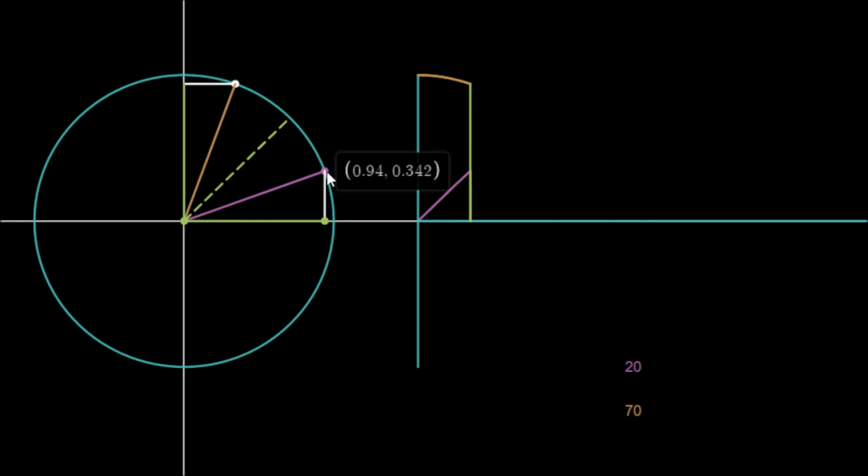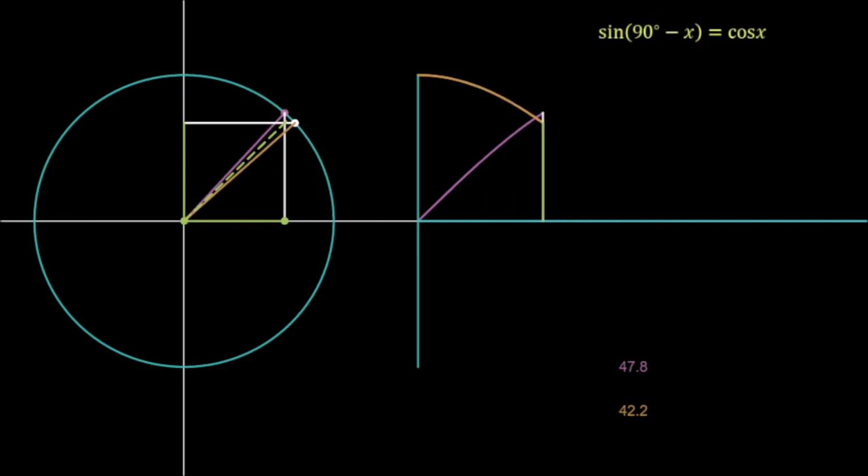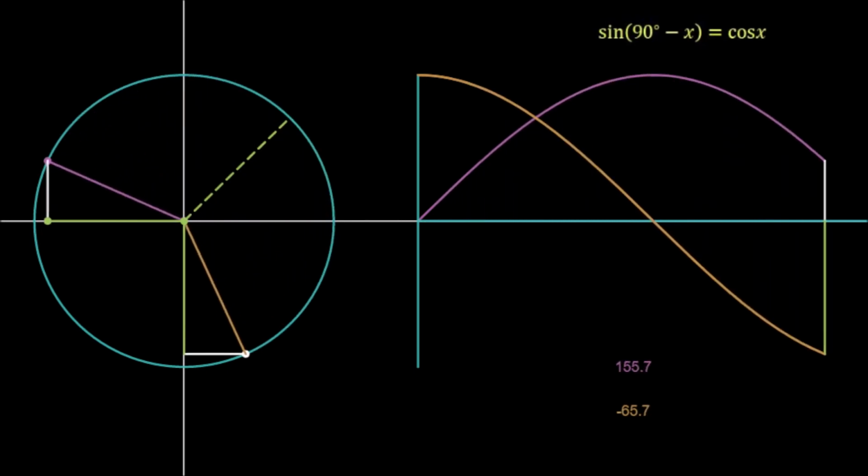And in fact, the previous identities that we looked at for the sine function are all generated again by similar reflections. So our new identity is given as the sine of 90 minus x is equal to cos x. But this is just generated from the reflection of this point over to this point through the line given by 45 degrees. And we can see this being generated here.